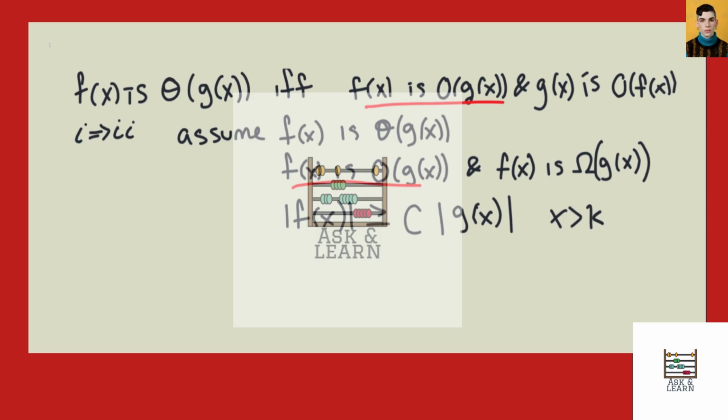So if we divide each side by c, then what we get is 1 over c times the absolute value of f of x must be greater than or equal to the absolute value of g of x.